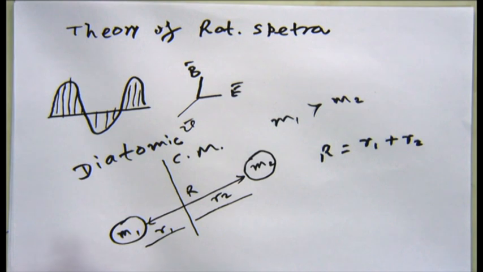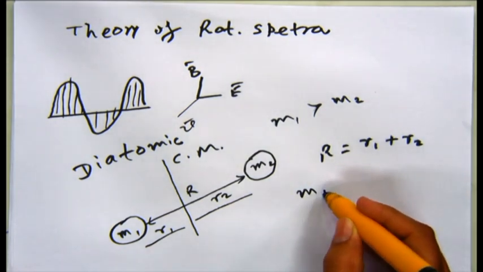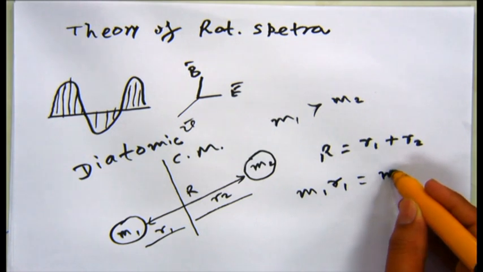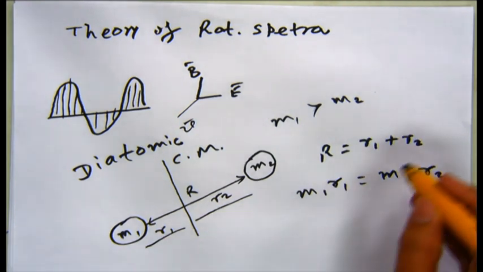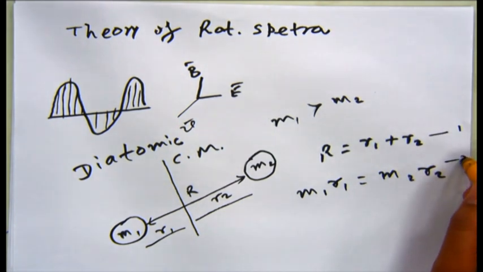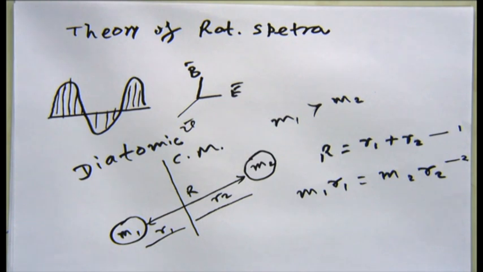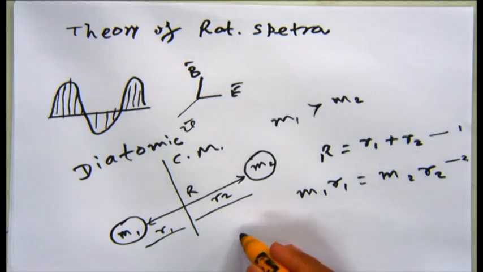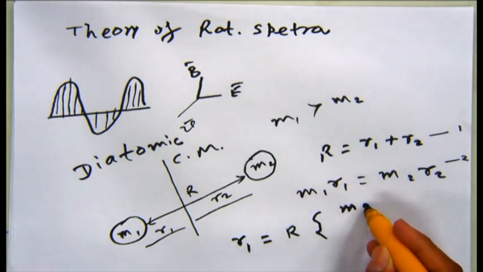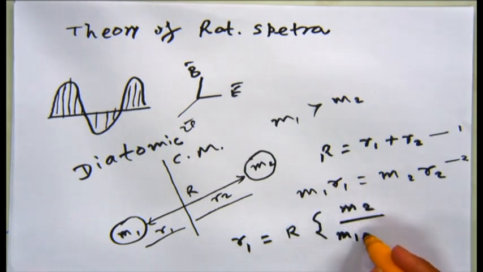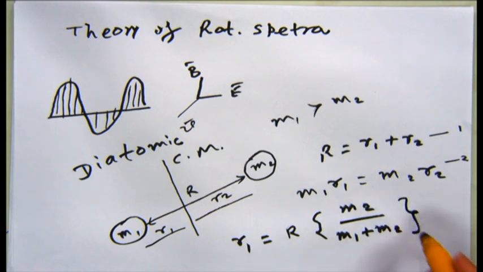Further, from the simple theorem on center of gravity, m1 r1 is equal to m2 r2. So we have basically two equations, equation 1 and equation 2. Now if we want to calculate the value of r1, then r1 is equal to R m2 upon m1 plus m2.